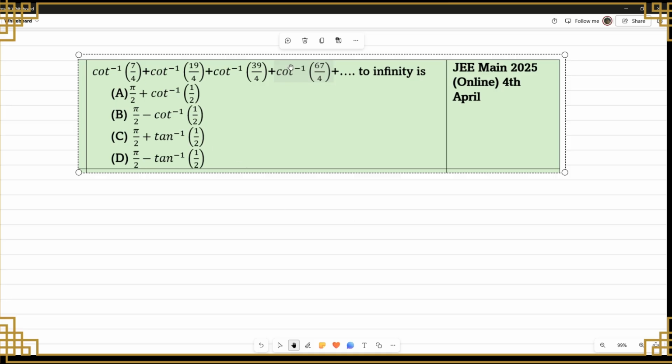So obviously these terms will form a particular series. If they form one, then it's fine. Otherwise, we'll leave the sum. It's huge, isn't it? So many terms up to infinity they have given. So how to proceed? This sum, how to proceed?